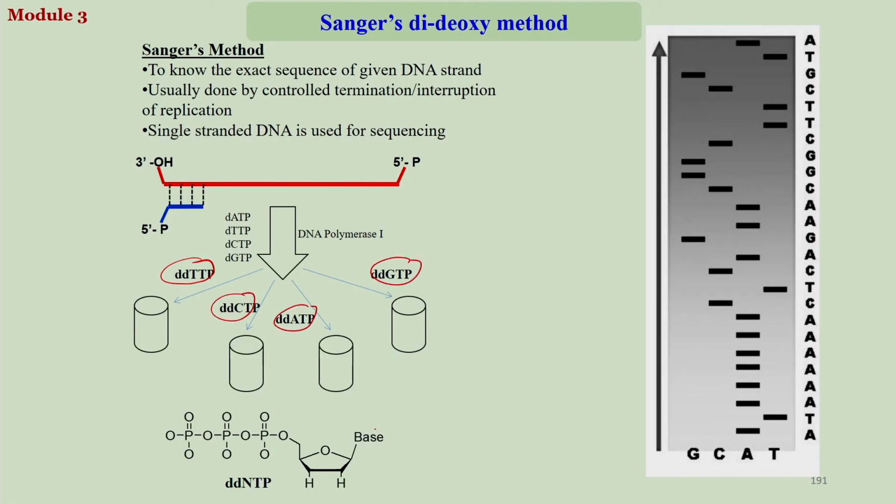This is the structure of the ddNTP. It is a nucleobase, 2' deoxy, 3' also deoxy. So it cannot go further in extension when the complementary strand is being synthesized. So this is done by controlled termination or interruption of the replication. That is the whole idea behind Sanger's method.